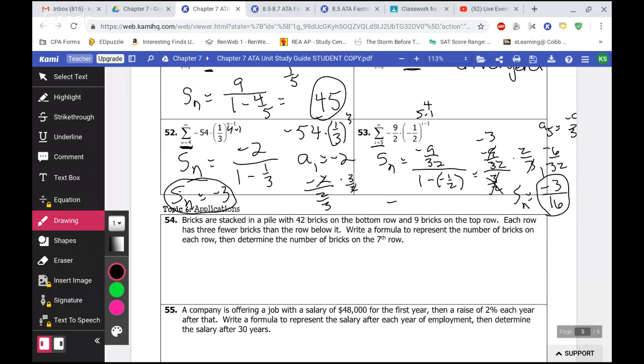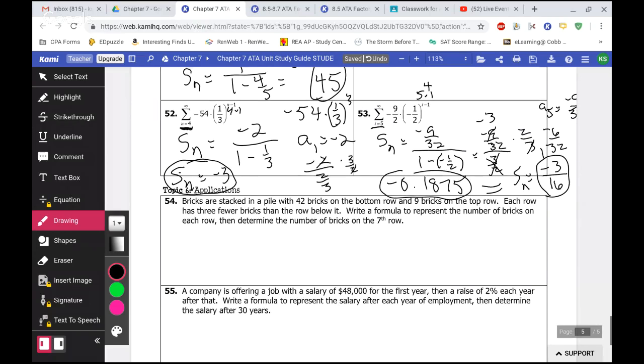So it looks like this. I'm just making sure both answers match. Yes. Okay. All right. Well, that is the same as negative 3 divided by 16. So there it is in decimal and fraction. So yay.